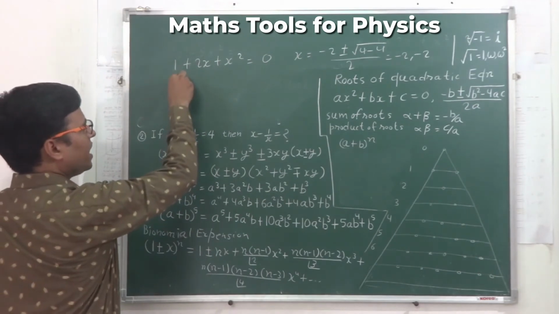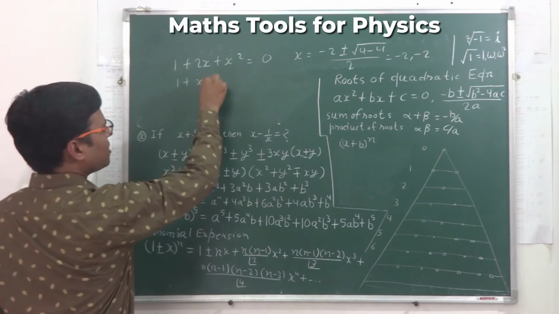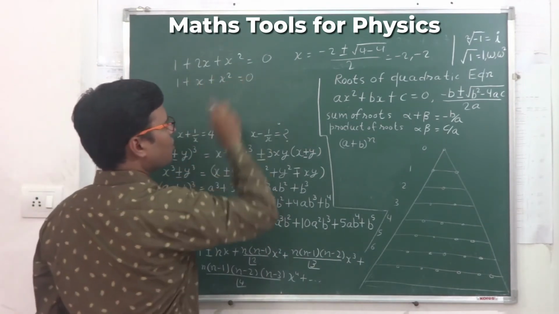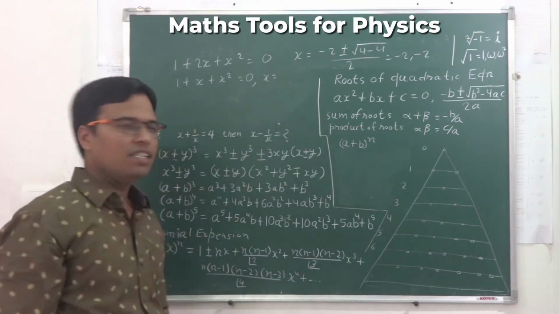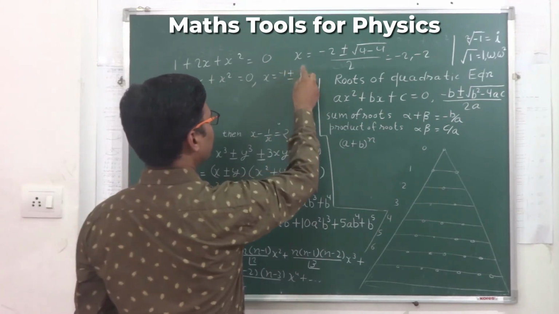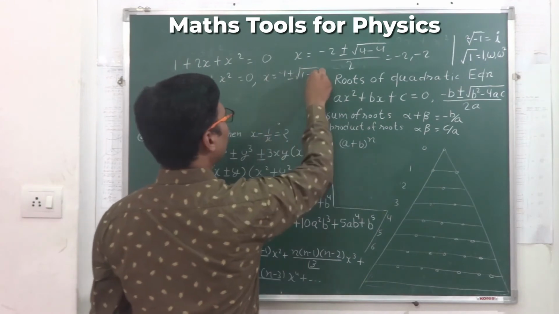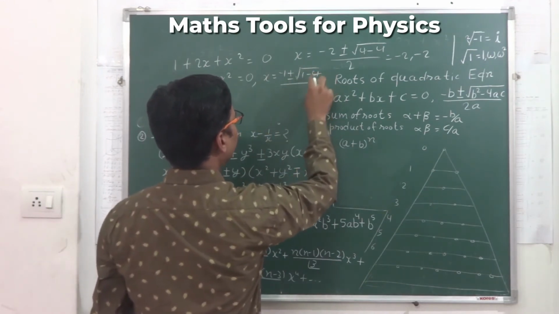But if we have an equation like 1 plus x plus x square equal to 0, if we try to solve it, we will get the value minus b, minus 1, plus minus square root of b square minus 4ac, divided with 2a.